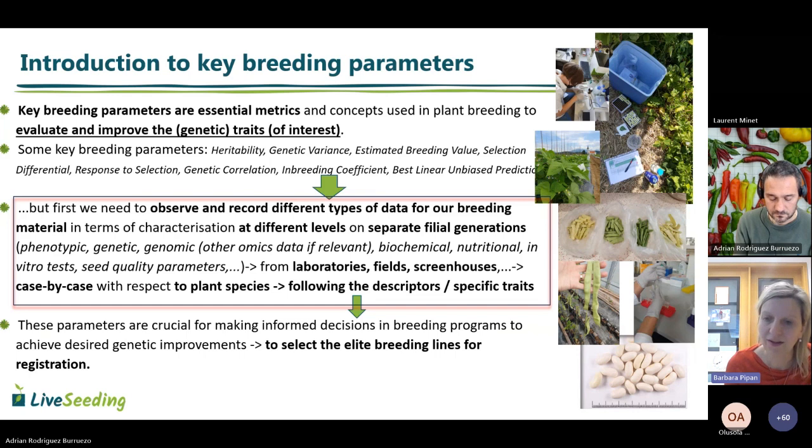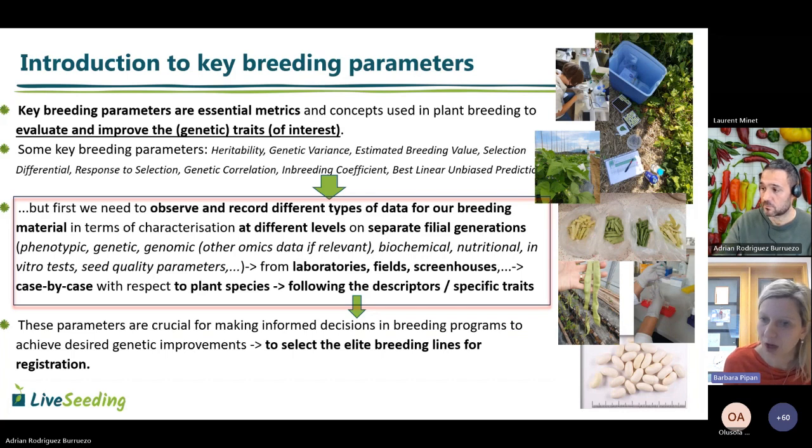And when we have all those data collected from different levels and put together, it's then up to us to decide which breeding line, from, I don't know, the 20 most promising ones, is the best performing on all different levels.